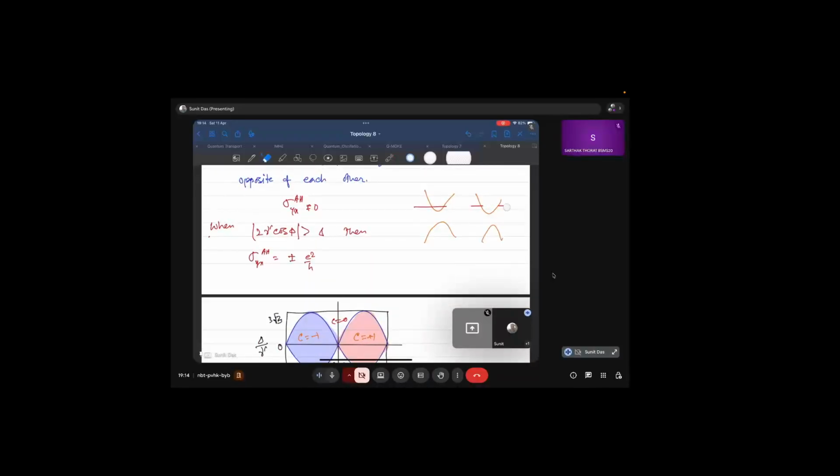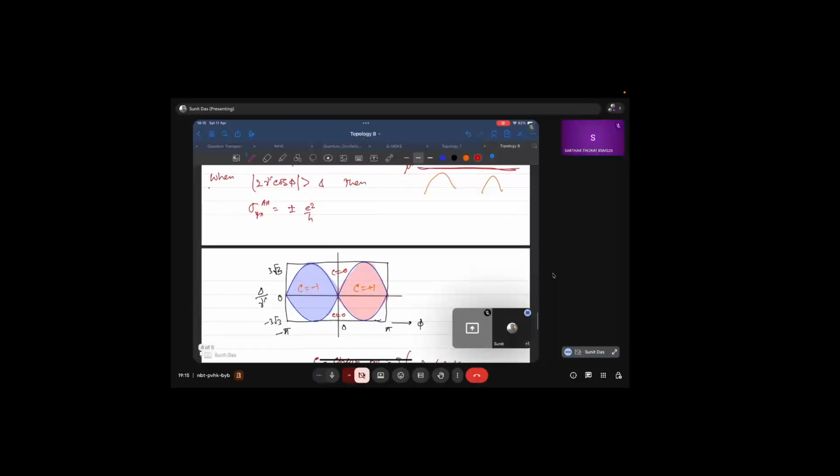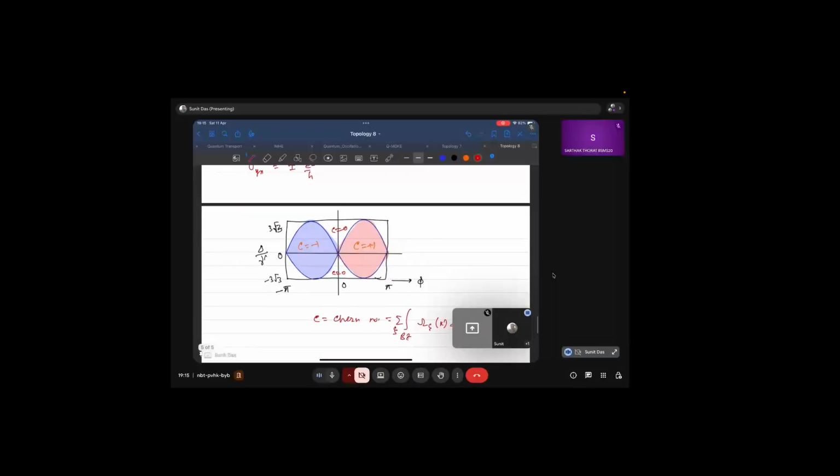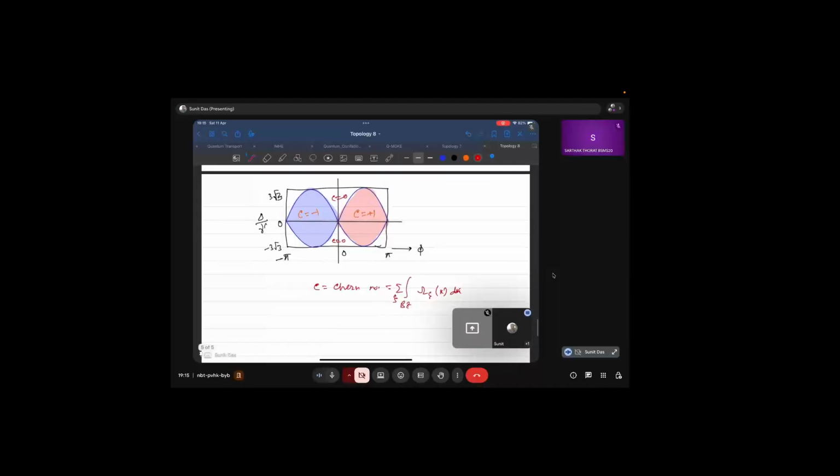Even if your chemical potential is somewhere here, that means the bulk is gapped, right? There is no state here, but there can be edge-like states which will conduct electricity just like the quantum Hall effect, and you'll have the quantum anomalous Hall effect in units of e square by h.